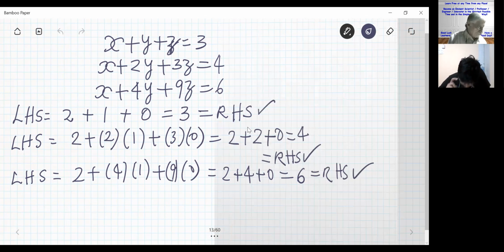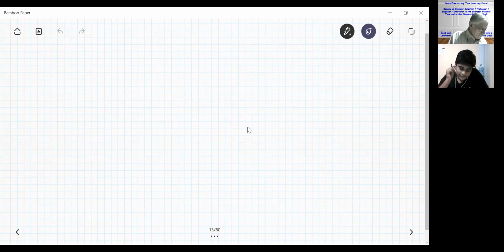So the last, third one, first it has come Z and Y in second column. Questions they may give like that. But what we should do is rearrange them so that x will come in one column, y comes in another column, z in another column.